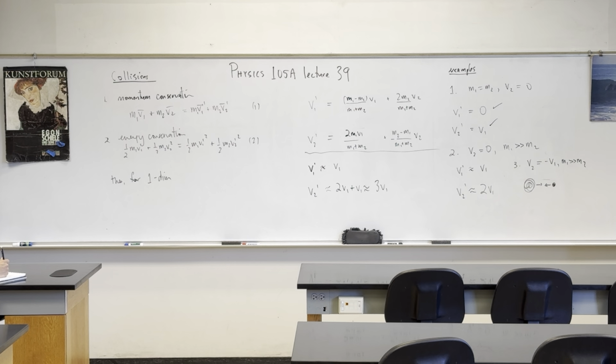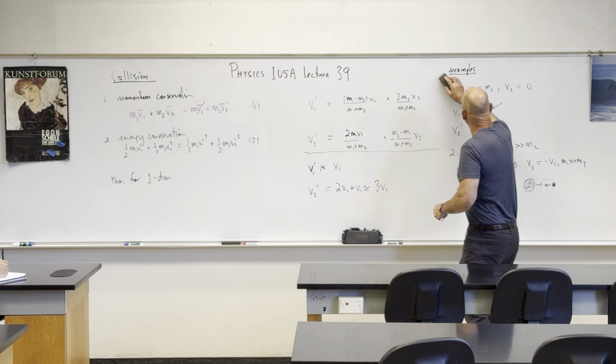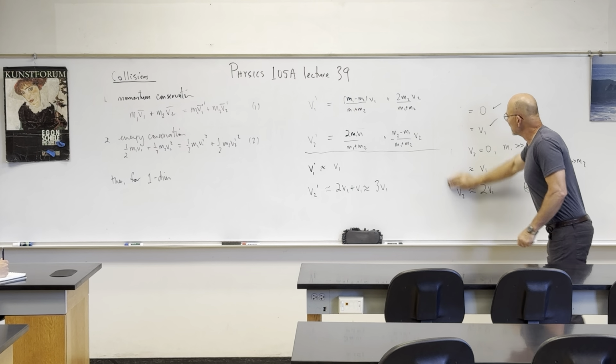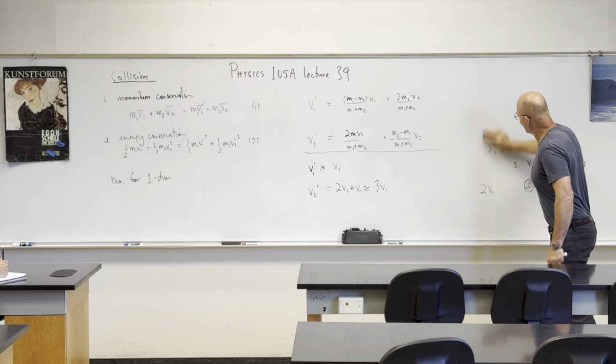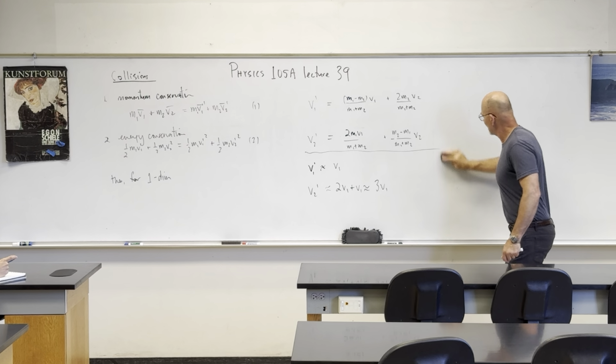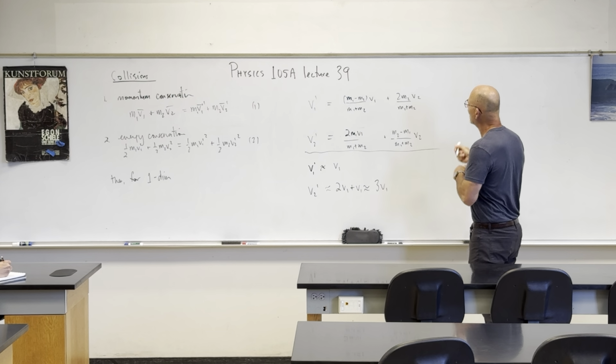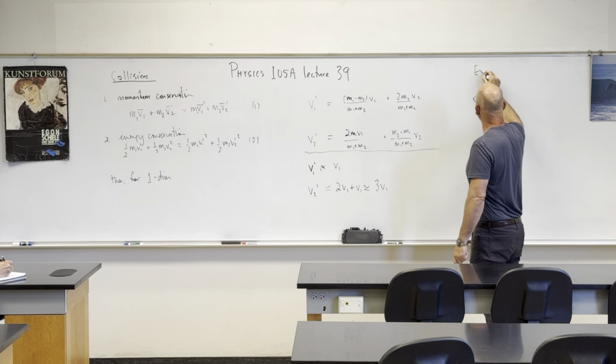Oh, actually, before I show that, let me just show the kind of problem we can do with this, because we're going to save these for next semester. I'm just going to call this more examples.